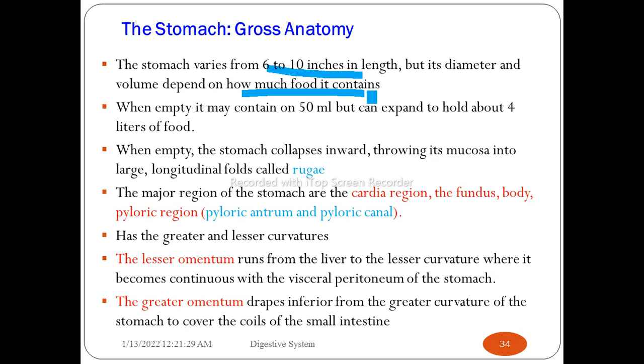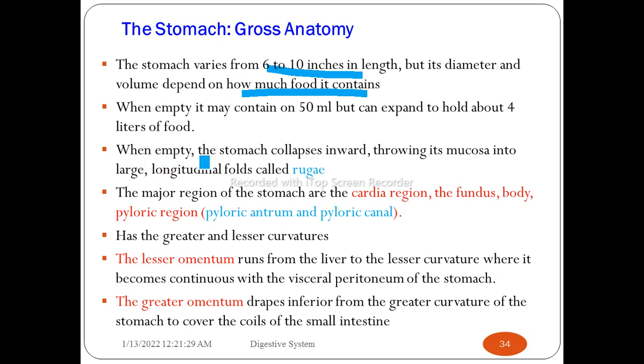When food is within, it enlarges. When empty it may contain about 50 ml, but it can expand to hold about 4 liters of food.